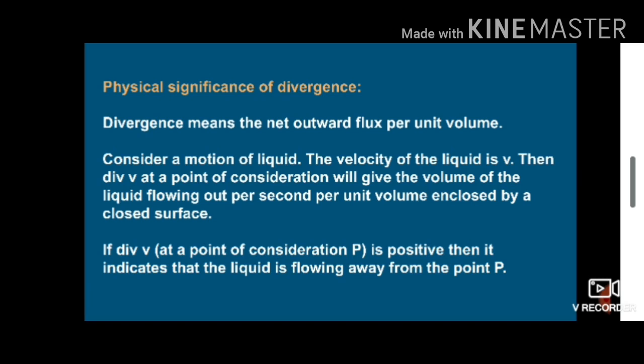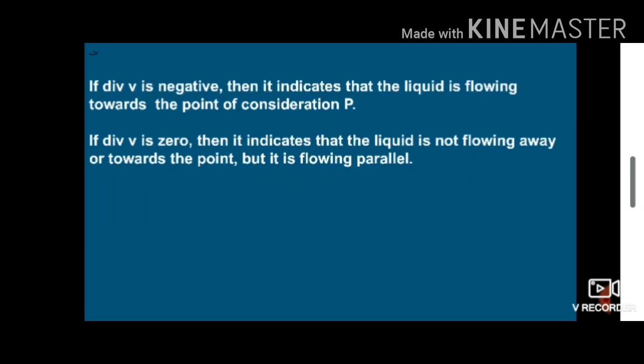If the divergence of phi is positive, then it indicates that the liquid is flowing away from that point. If the divergence of phi is negative, then it indicates that the liquid is flowing towards the point of consideration.